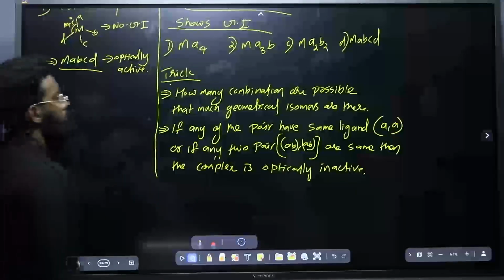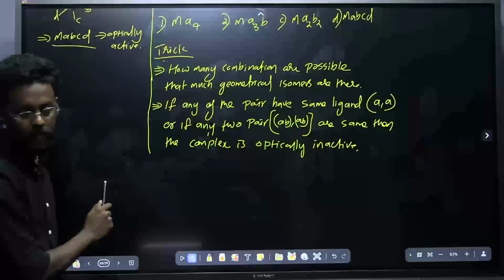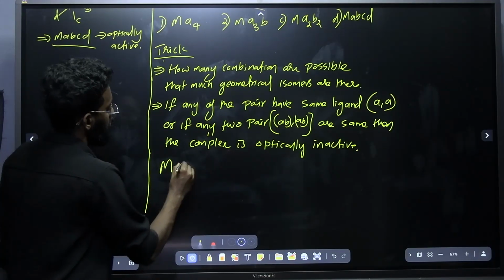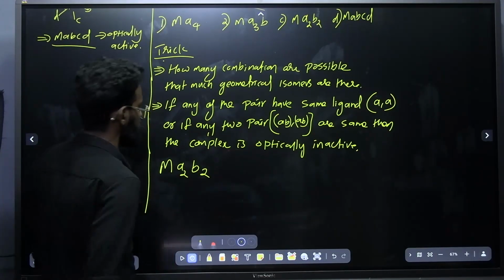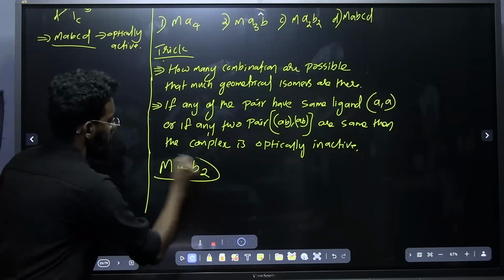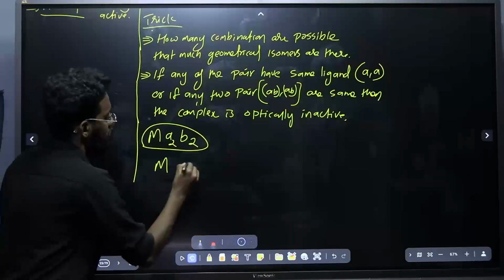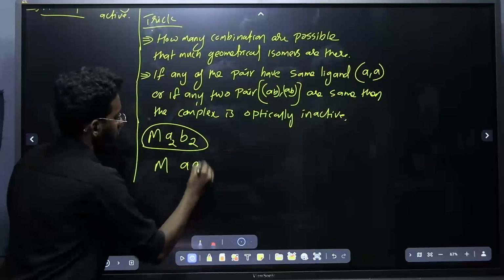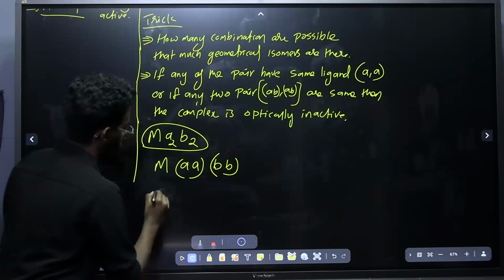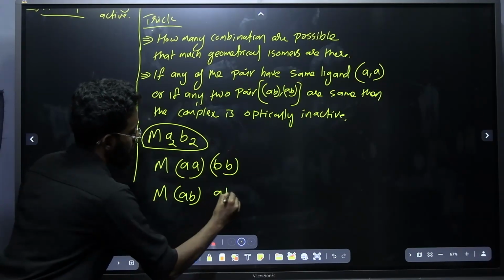I will be giving an example. Which example I can take? Okay, I am taking the example of MA2B2. Look at here. In the case of MA2B2, what are the different ways I can arrange this one? One is MAA, one combination, then MBB another combination, then any other combination, MAB, then AB.